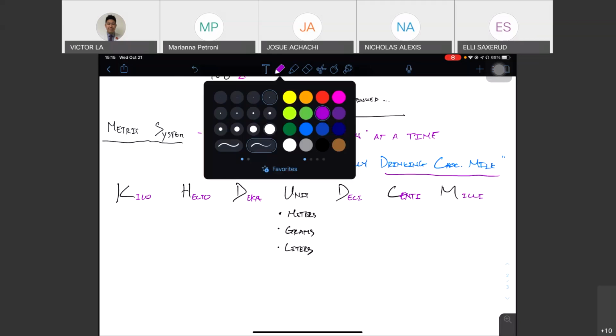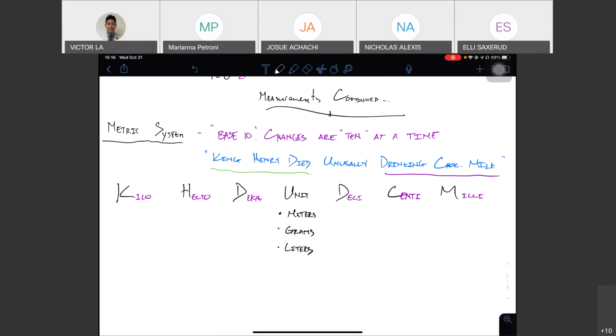And then these actually have numerical values as well in terms of that changing 10 at a time. So let me use a different color. So here, a kilo is 1,000 at a time. A hecto is 100 at a time. A deca is 10 at a time.